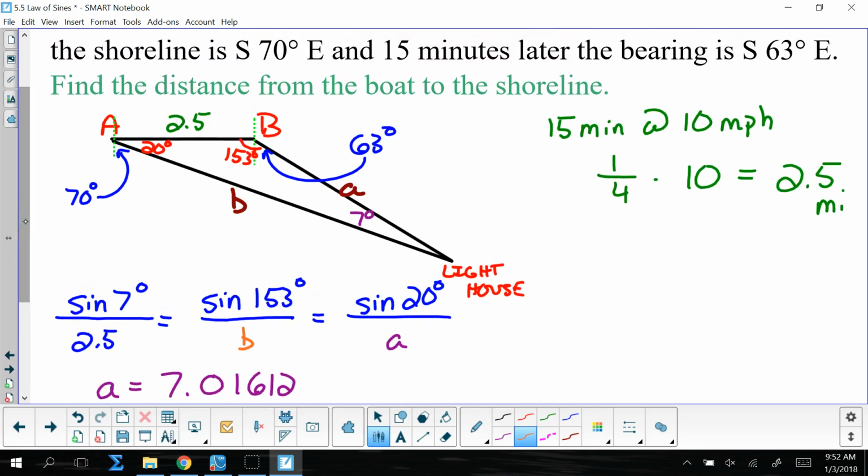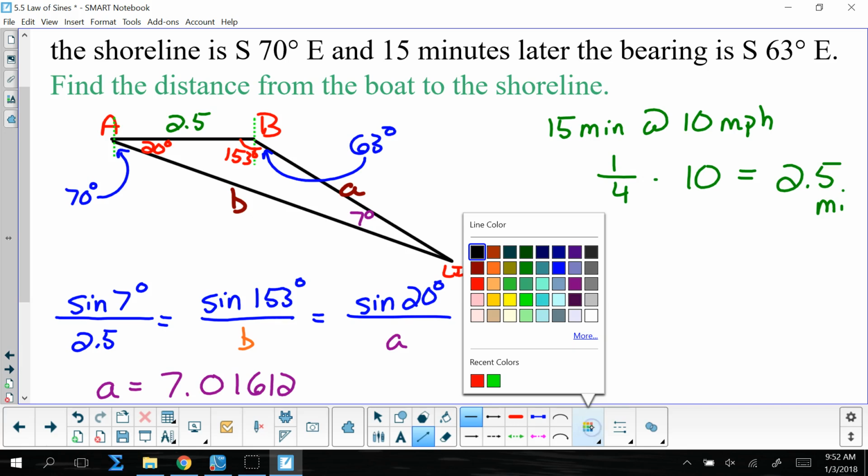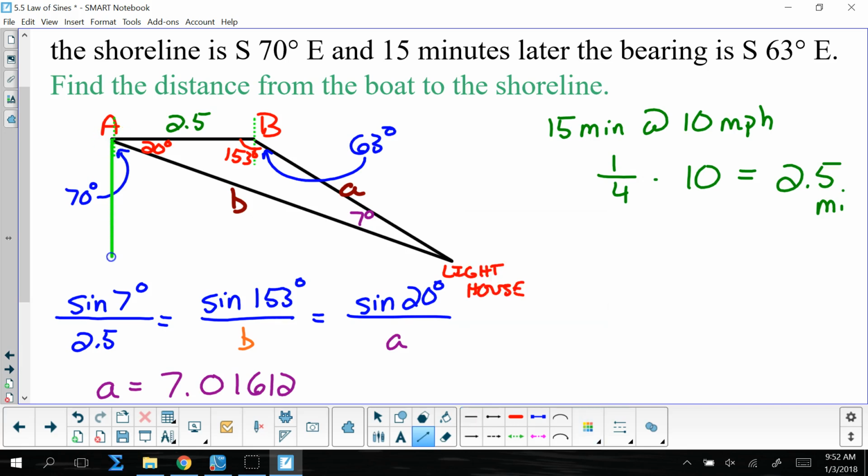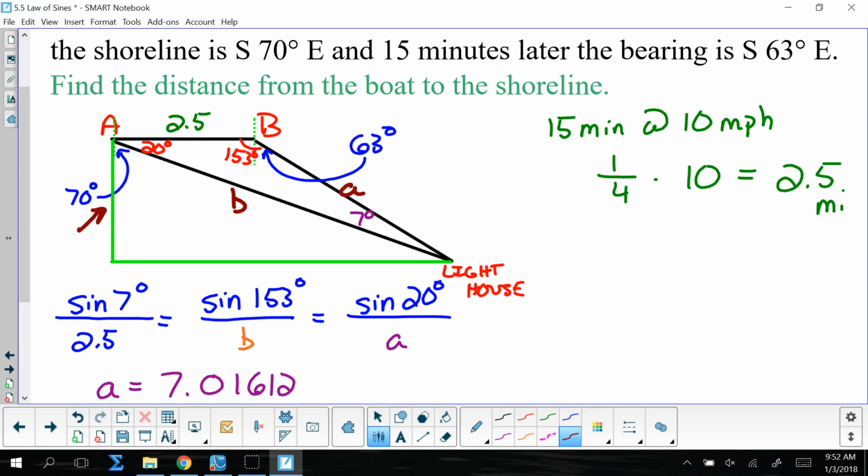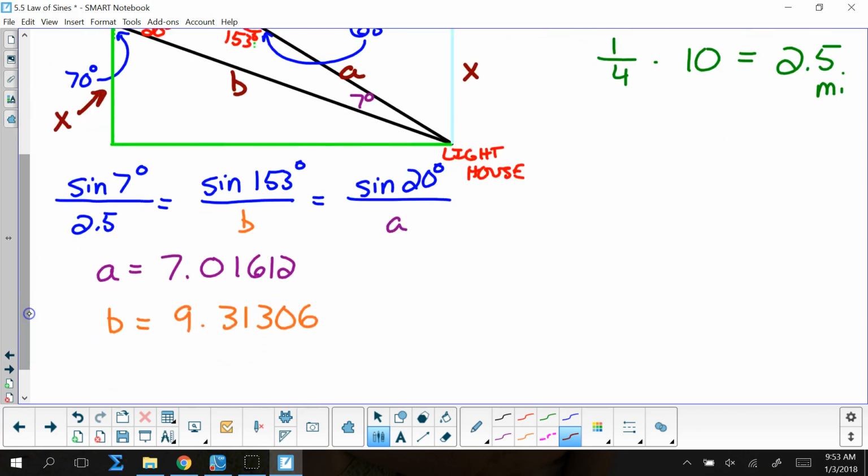So if I go back up to my diagram, the distance from the boat to the shoreline is this side length right there if I use side B, or it's that side length right there if I use side A. So I've got one extra step here that I need to do.